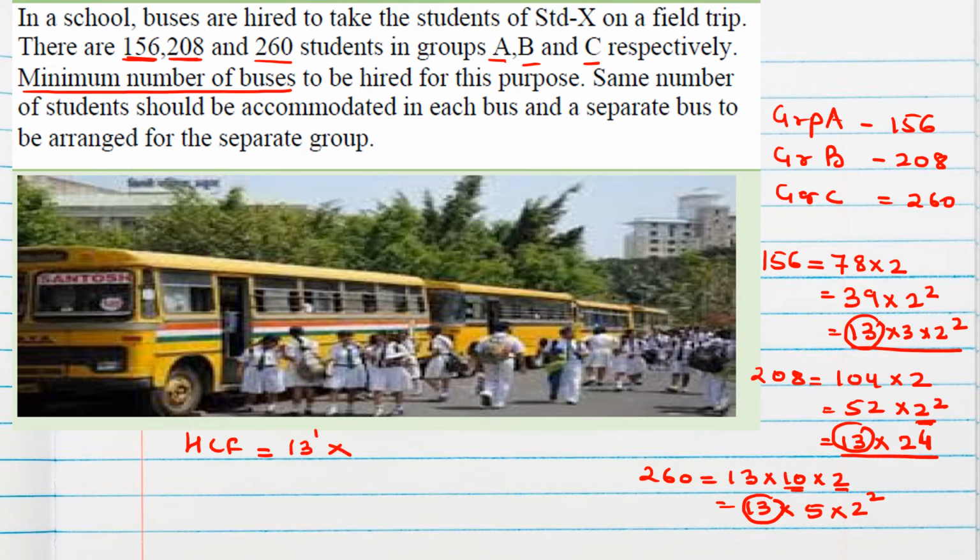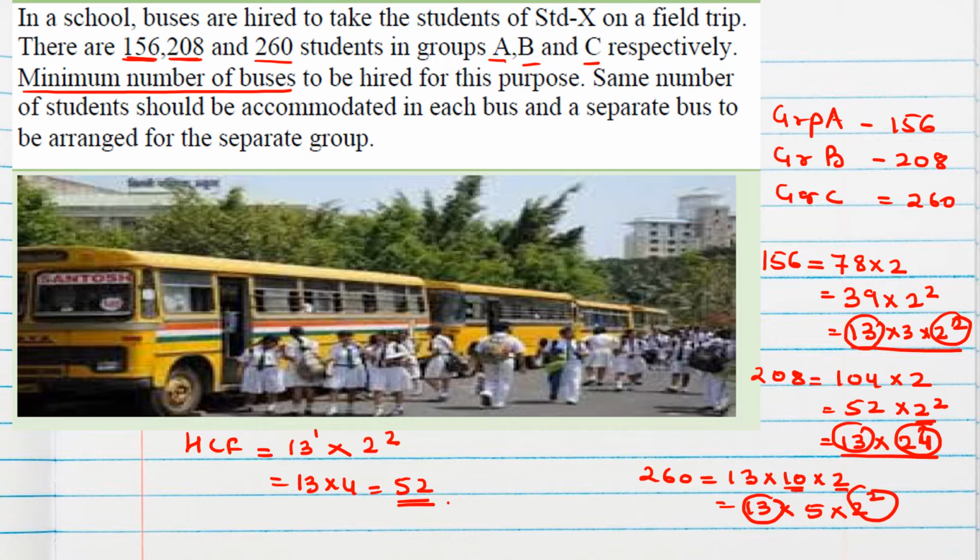Then 3 is not there, 5 is not there, 2 is common. Among 2 power 2 and 2 power 4, the least power is 2, so 2 square. So 13 into 4 is 52. HCF is 52. That means 52 students should be accommodated in each bus.